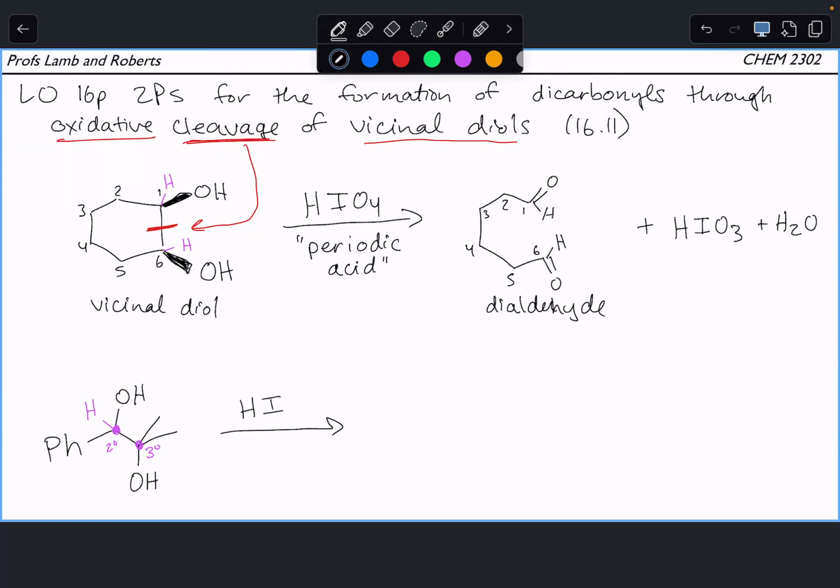We add that periodic acid. So we're going to clip the bond in the middle, and oxidize the left side. So this purple hydrogen is right here.